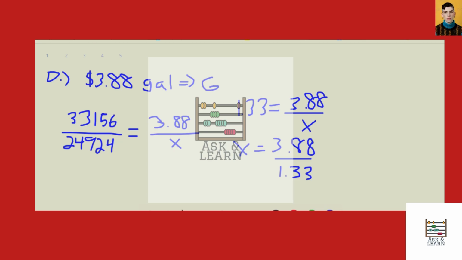Our ethanol is going to be costing us $2.92 per gallon.